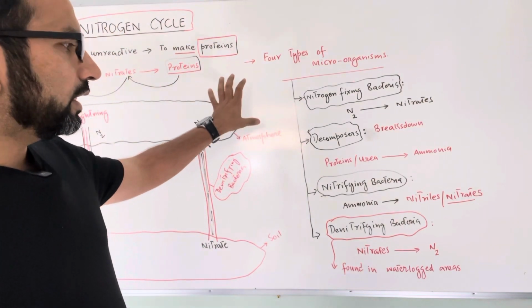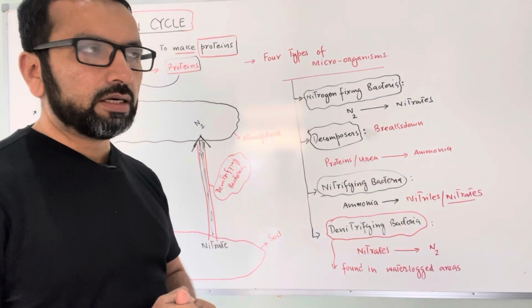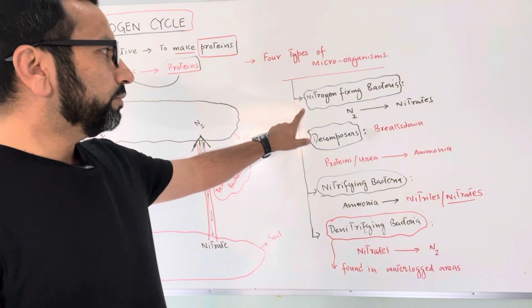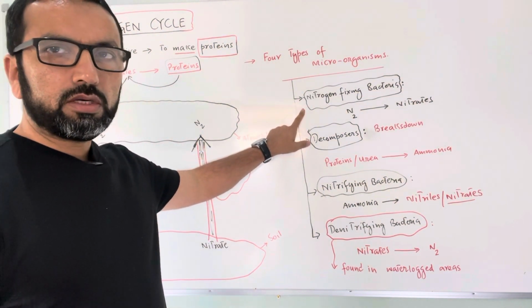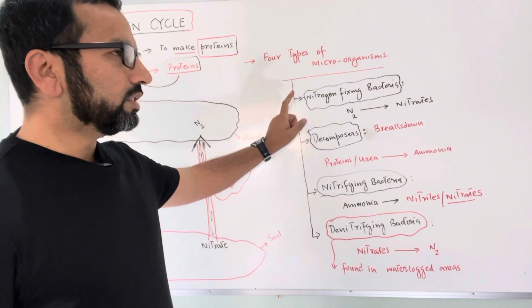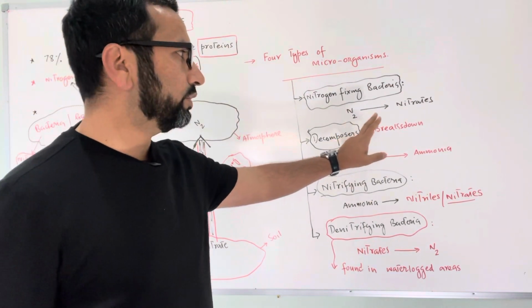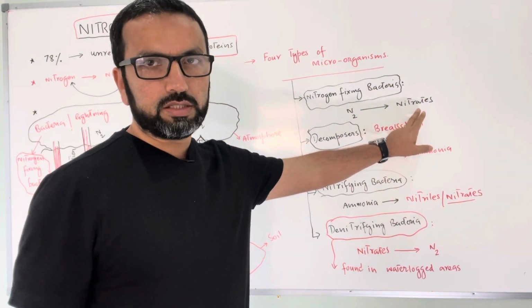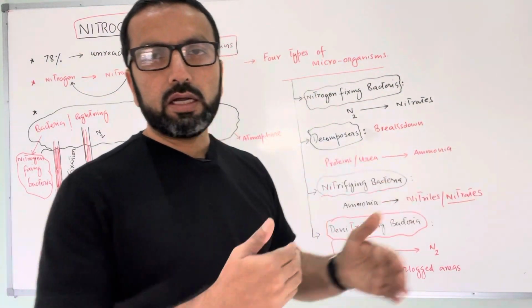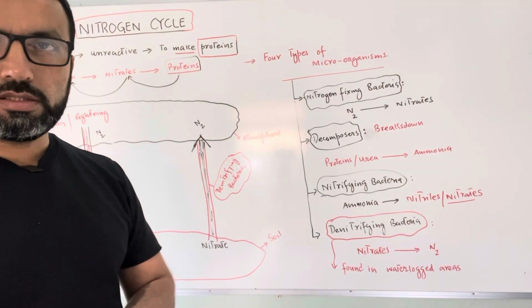the nitrogen cycle is controlled by four groups of bacteria, we can say microorganisms. The one group we already have discussed is called nitrogen fixing bacteria. This is a group of bacteria which converts atmospheric nitrogen into nitrates, and nitrates are converted into proteins by plants.